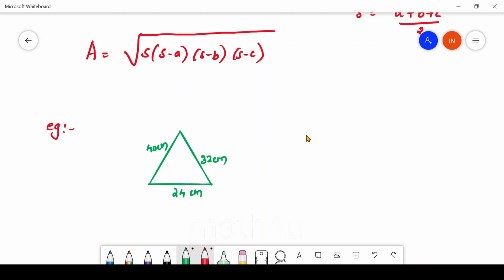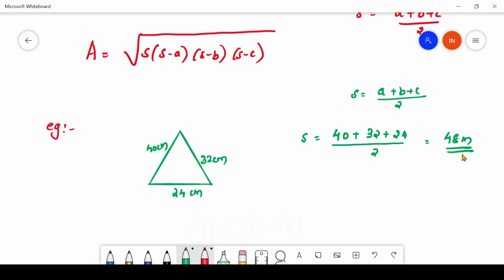How can you find out S? S is equal to 40 plus 32 plus 24 by 2, because S is equal to a plus b plus c by 2. That is the semi-perimeter, and when you do this, you will get 48, right?